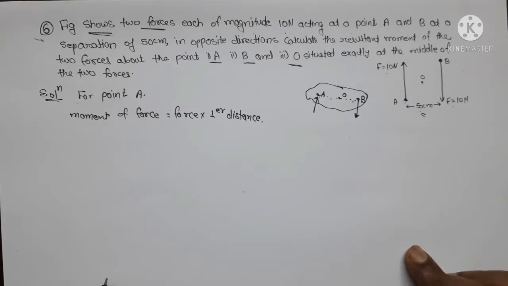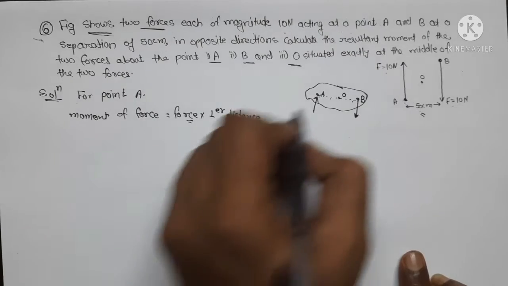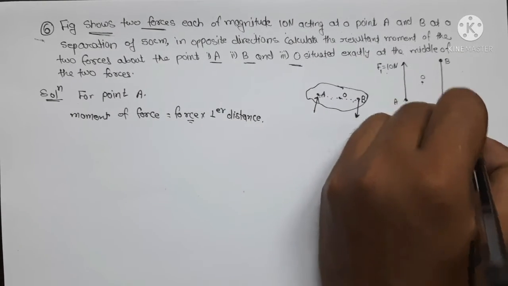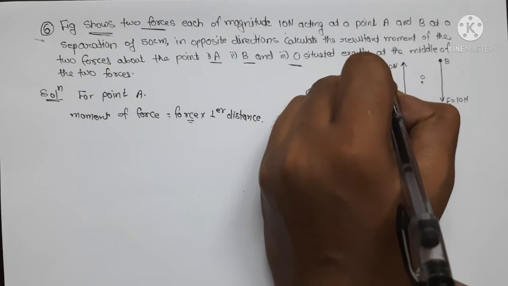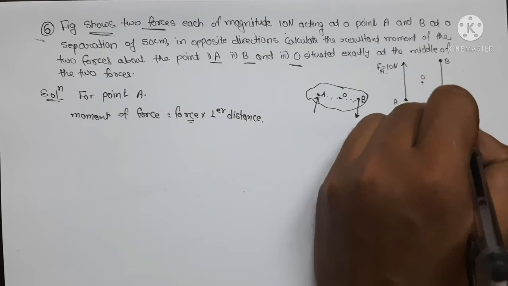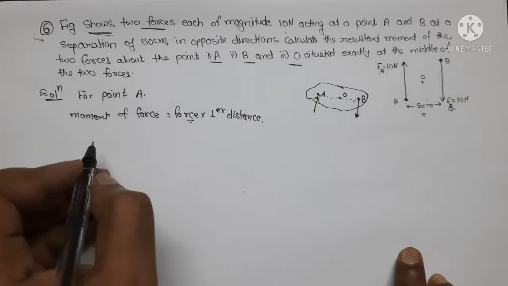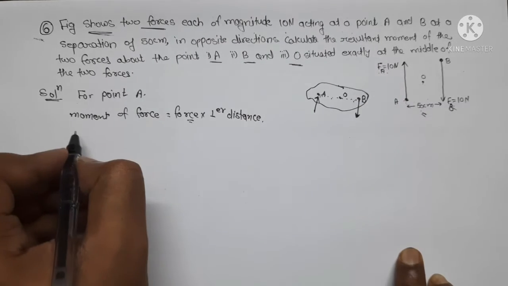We have to find the moment of force, so force into perpendicular distance. Let's say this is F1 and this is F2, or you can say FA is the force acting at point A and FB is the force acting at point B. So the moment of force due to this force F1 or FA will be what?